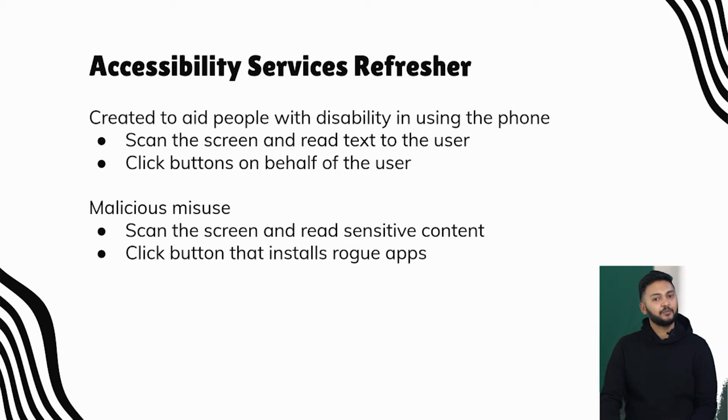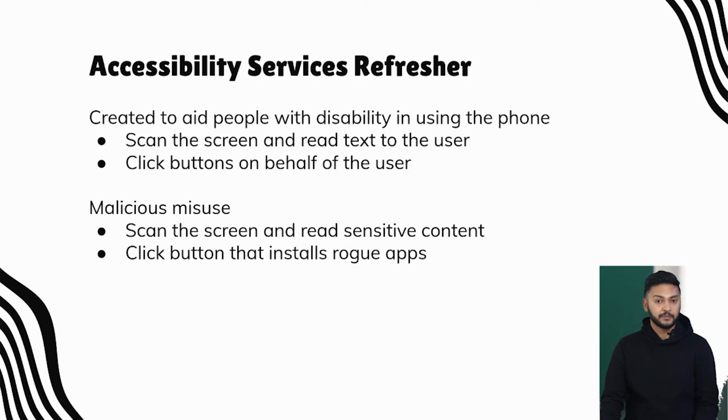Now, this was created to make the Android using experience richer for someone with disabilities. But malware writers often misuse this permission. Two use cases of how a malware can misuse this permission are: it can scan the screen for sensitive content and either save this content locally or send it to the attacker. Another thing is that it can click on buttons on behalf of the user.